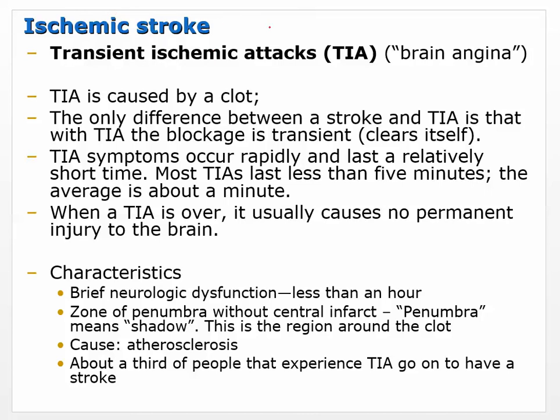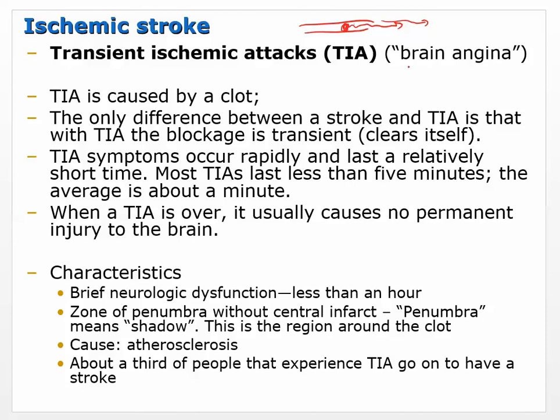a clot. So sometimes a blood clot doesn't lead to a stroke. Sometimes there can be a clot that forms and that clot goes away on its own. We call that a transient, which means it doesn't last very long, ischemic attack. So it passes, it goes away.